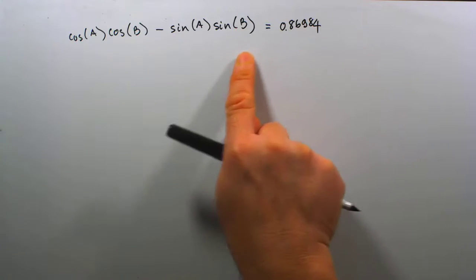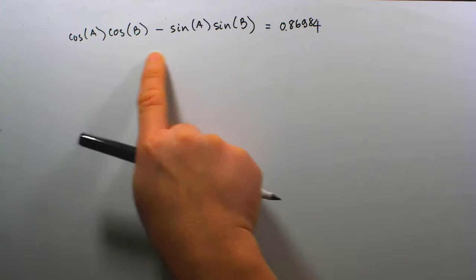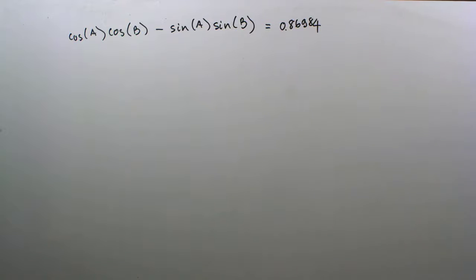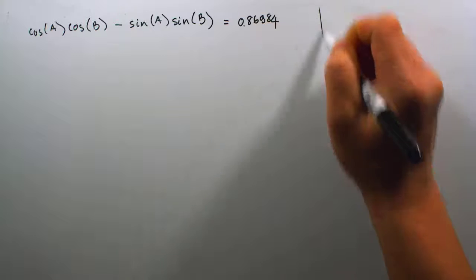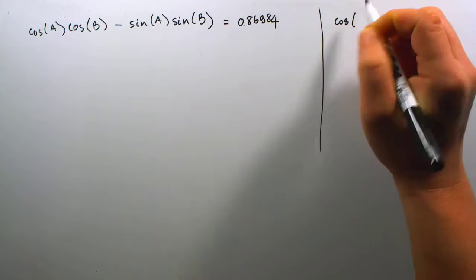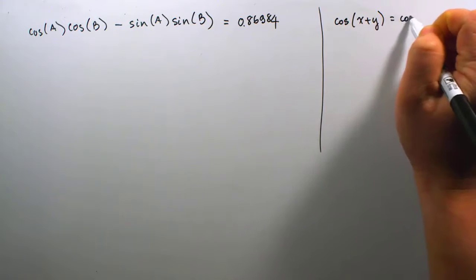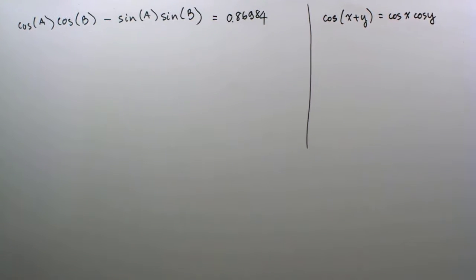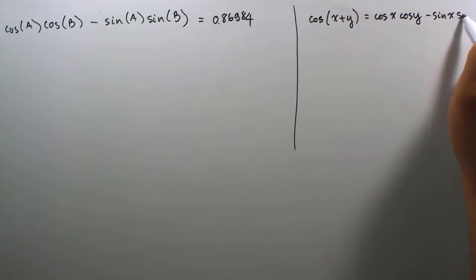Looking at the left hand side, we can notice that this is nothing but just the cosine of a sum identity, because as a reminder, cosine of a sum x plus y is the same as cosine of x times cosine of y minus sine of x times sine of y.